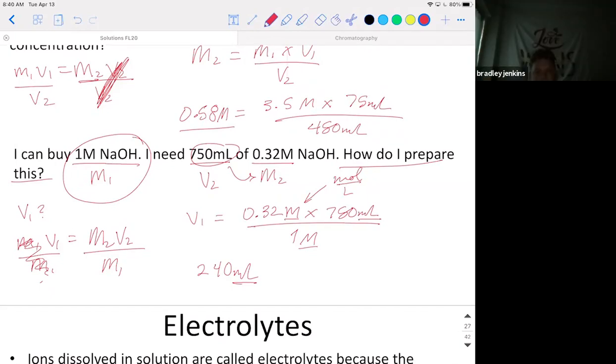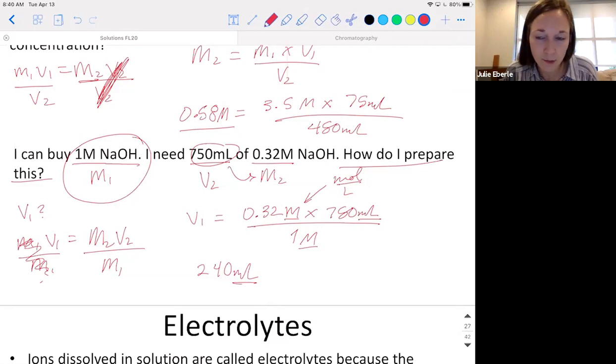But to actually answer this, we didn't answer the question. We just answered what V1 is so far. How do you prepare this? You would tell me something like this: you take 240 milliliters of 1 molar NaOH and dilute it to 750 milliliters. You could say that in one sentence. Or you could find the difference in the volumes: my final volume is 750 milliliters, so how much solvent would I add?